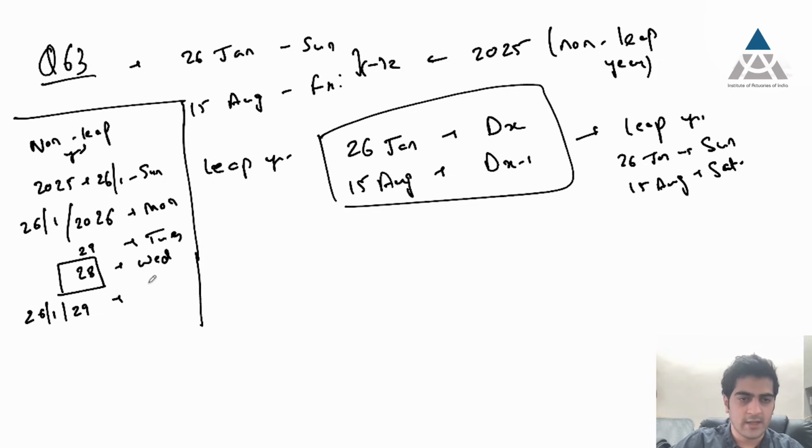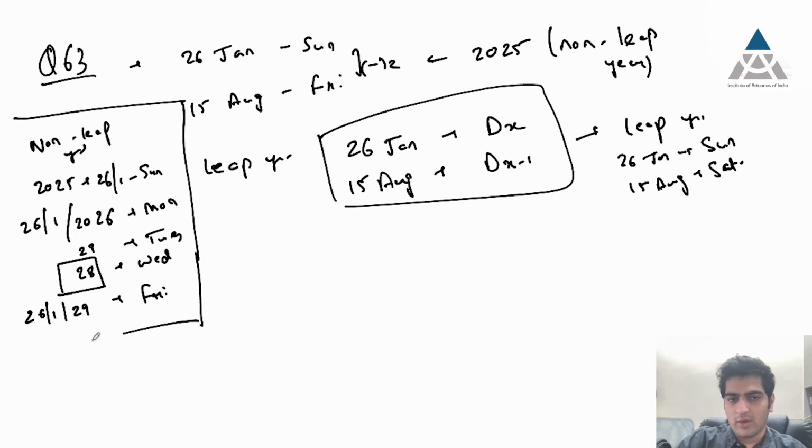So from Wednesday, this goes to Thursday and Friday. So in 2029, you will have Friday, that is, you will jump by 2. So I hope everyone is clear with the concept that in non-leap years, the day on which a particular date falls goes up by 1. After a leap year, that goes up by 2. Correct?